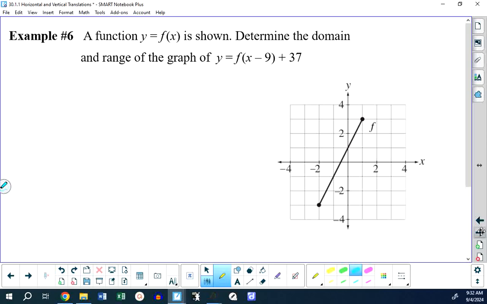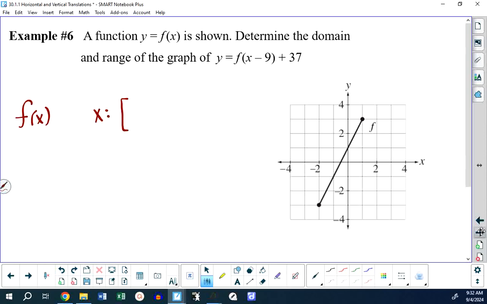Well, I'm going to write out what the domain of the original function is, and I'm going to use this notation. I don't have to. I can use the other notation with the less than or equal to's. But I can see that the minimum value of x on this graph is negative 2 and the maximum value is 1.